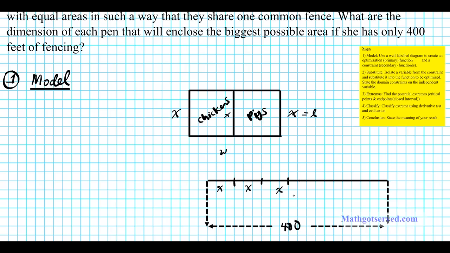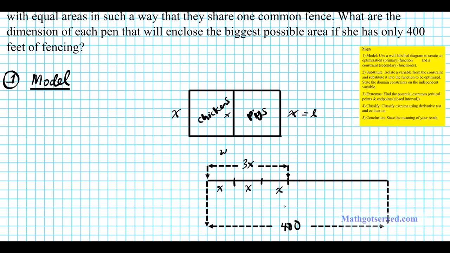All right, now if you take away 3 x's, that means this entire length right here is going to be 3x, and it basically represents the measure of the adjacent side. So this is 3x. Now if the entire fence has a length of 400, then how much length do you have left for the top and bottom sides, the north and south sides of the fence?